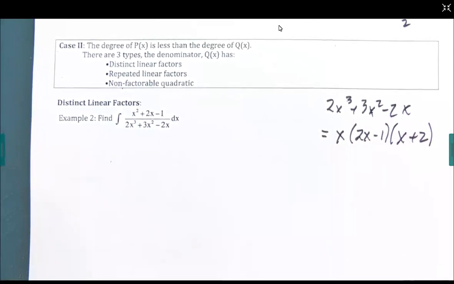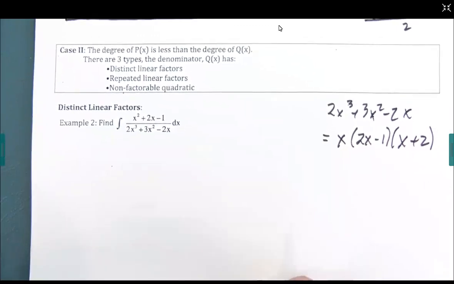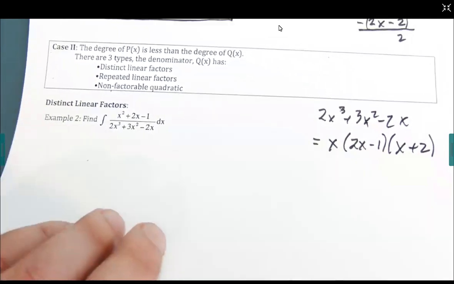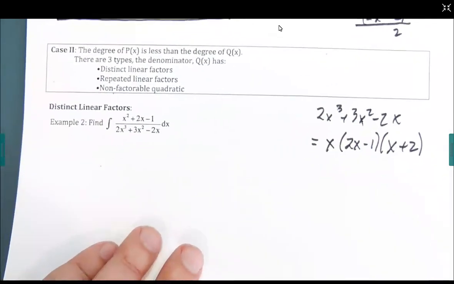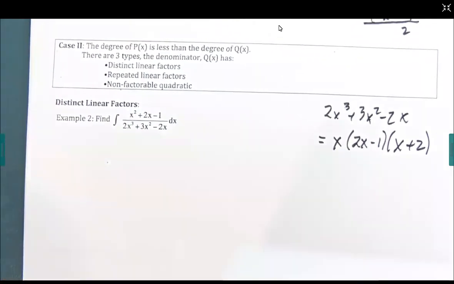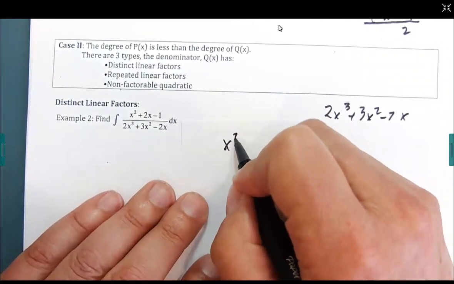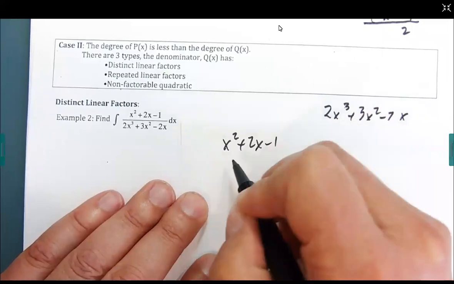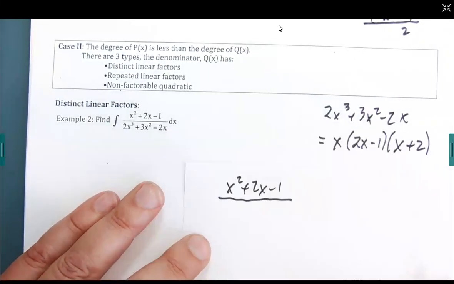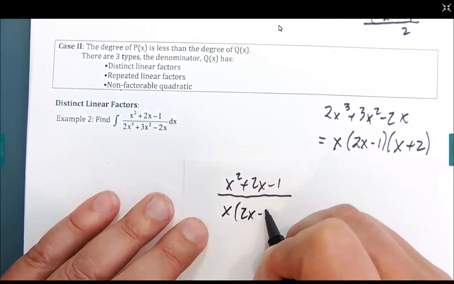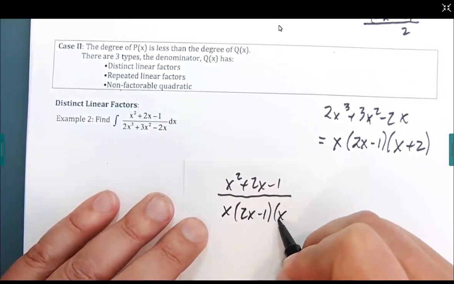and x plus 2. So here's what I'm going to assume. Let me grab a separate sheet here because we're going to run out of space here. I'm going to assume, and this is just the algebra part of it so far, x squared plus 2x minus 1 over, and I'm going to write its factored form, x times 2x minus 1 times x plus 2.